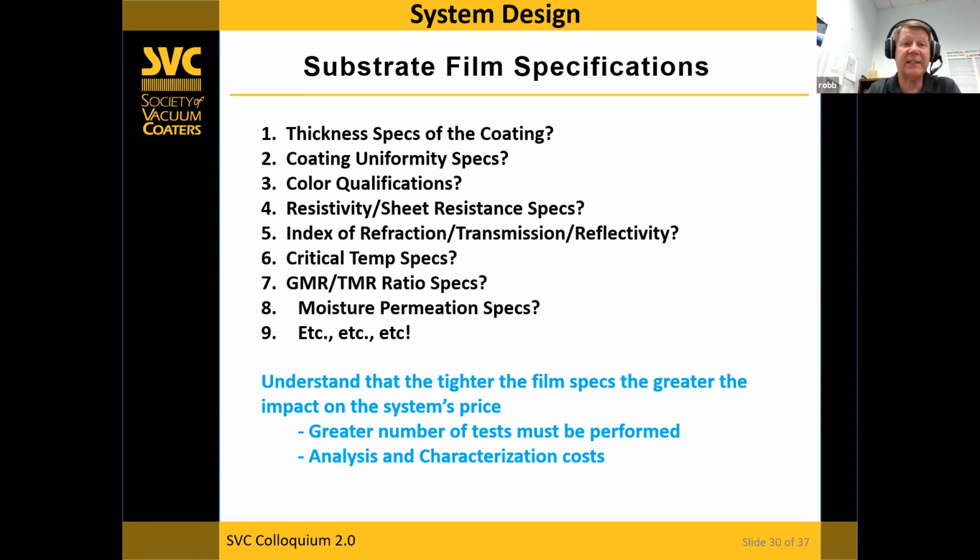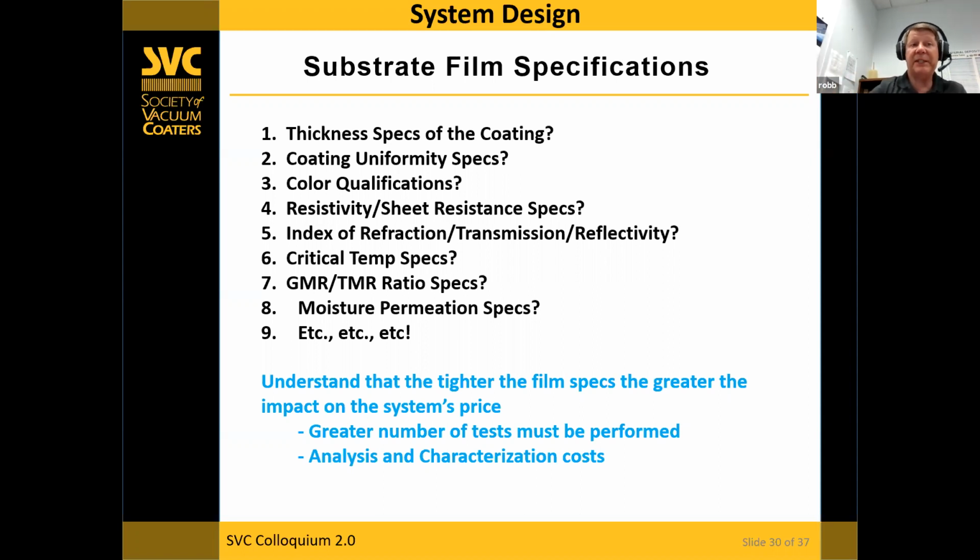You have to make sure that you specify what is exactly important to your coating or to your films. And you've got to understand that the more qualifications I put on that film, the greater the impact on the system price. As long as you understand that, that's fine. We don't mind trying to meet a lot of these specs, but it costs time, effort, and money.